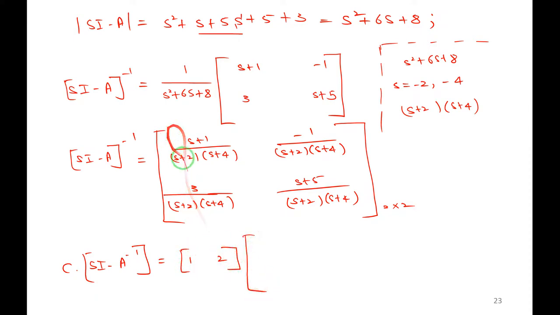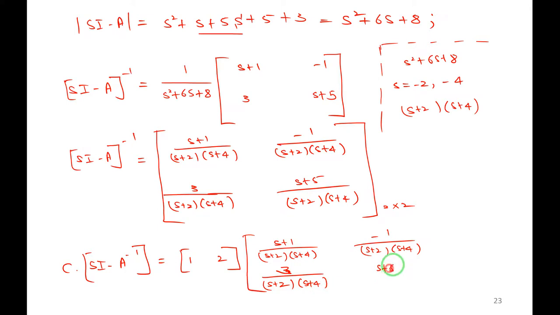Then (sI minus A) inverse is this, right? s plus 1 divided by (s plus 2)(s plus 4), minus 1 divided by (s plus 2)(s plus 4), 3 divided by (s plus 2)(s plus 4), s plus 5 divided by (s plus 2)(s plus 4).